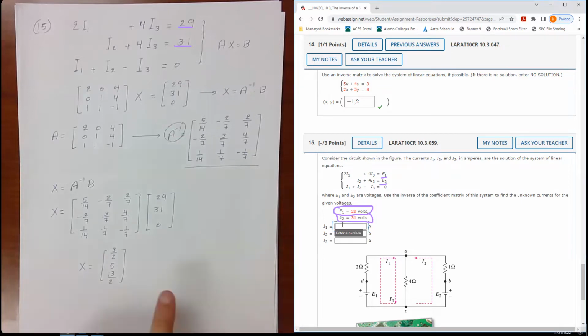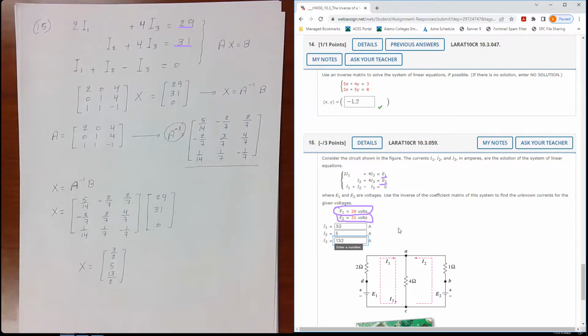I1 is going to be 3/2. And I2 is going to be 5. And I3 is going to be 13/2.